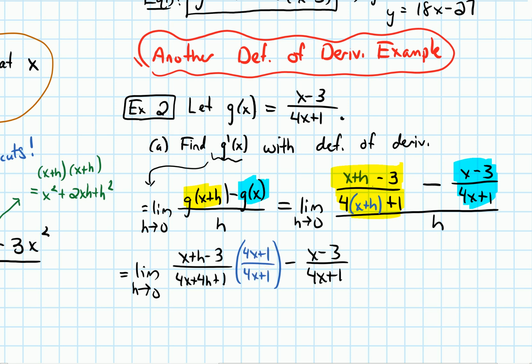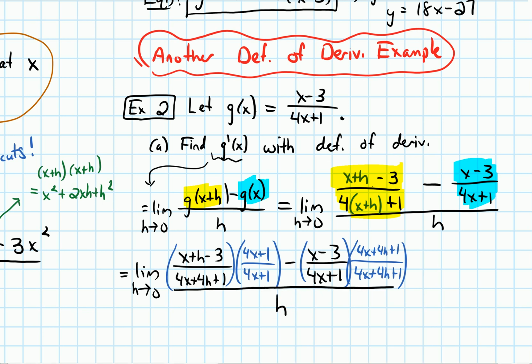Same thing on the bottom, 4x plus 1. And then I multiply the second fraction, top and bottom, by the first denominator, 4x plus 4h plus 1. And then same thing on the bottom, 4x plus 4h plus 1. And I don't want to forget this h that's on the denominator of all of this.